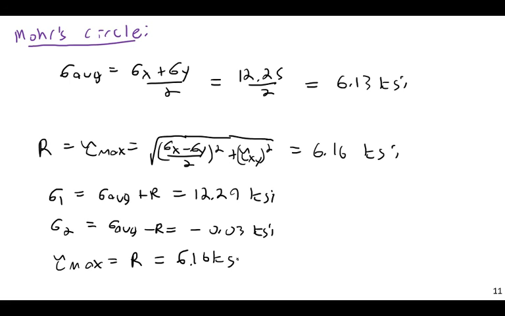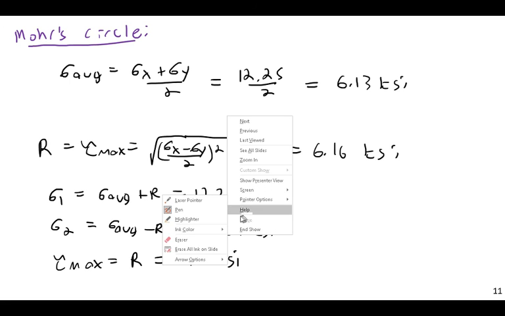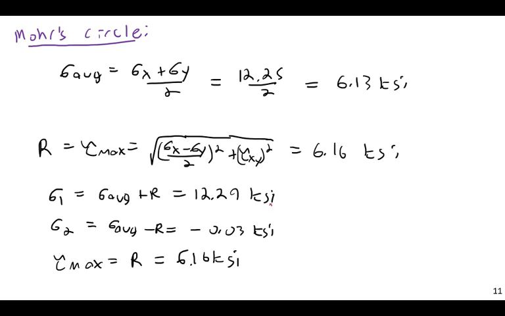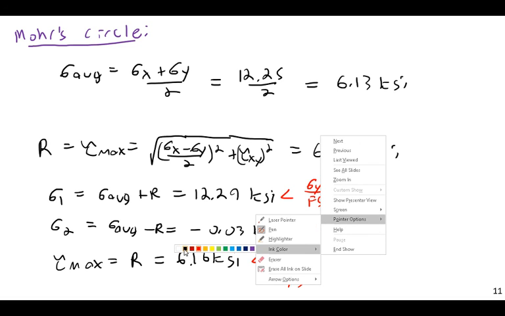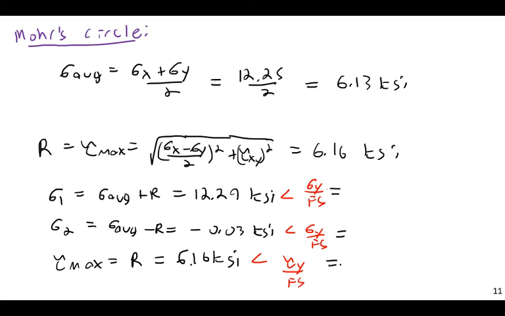And then if we compare them to our allowables, which are sigma y over factor of safety, sigma y over the factor of safety, and tau y over factor of safety, the allowables here come to 18 KSI, 18 KSI, and 18 KSI.